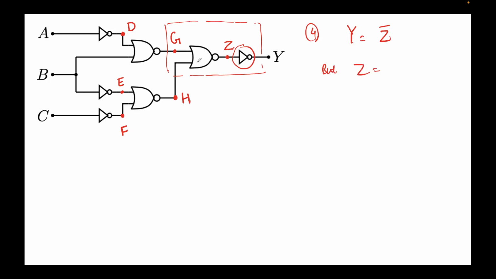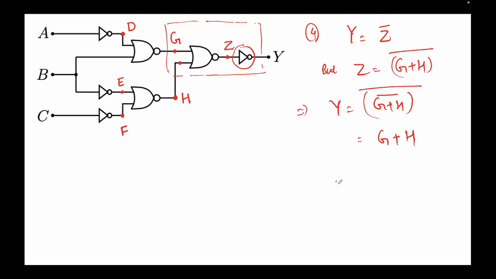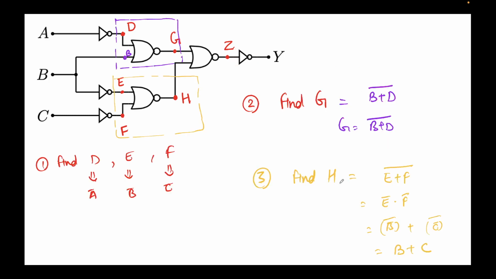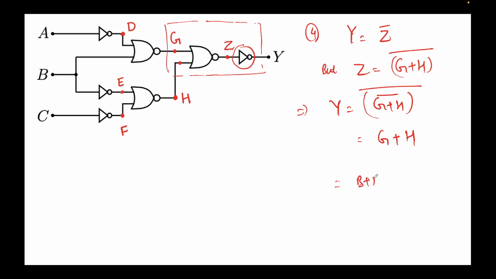Z is nothing but NOR of G and H. See this G and H, so I'll write Z equal to G plus H whole bar. This implies Y equal to G plus H whole bar and then a whole bar, Z bar. Double bar gets cancelled out, so it will be nothing but G plus H. Now we know the values of G and H, which are B plus D whole bar and B plus C.